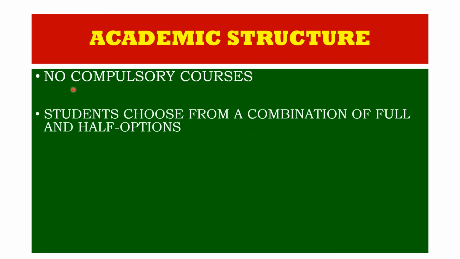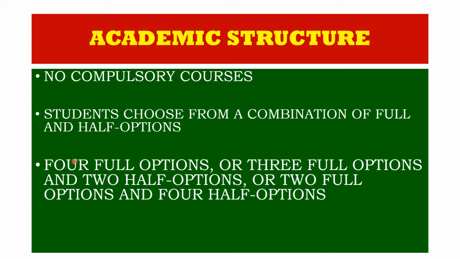Now, in order to inculcate all these attributes, the pedagogy is like this. For this course, BCL, there are no compulsory courses. The students are free to choose from a combination of full and half options. Normally every student has to choose 4 full options if they are not looking for any half options.